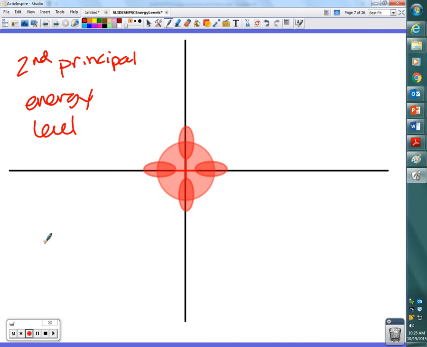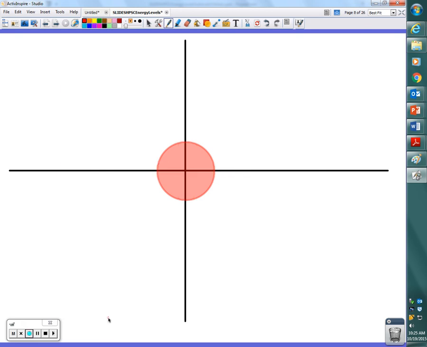And any one of these red orbitals would have an n value equal to 2. So this red sphere, we would start off with n equals 2. Hold on. And then these figure 8s, right?